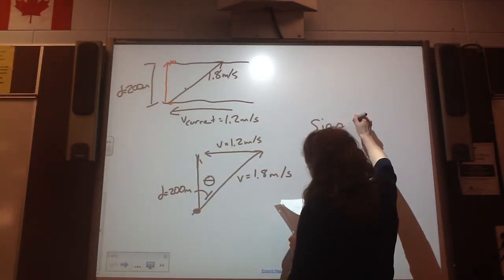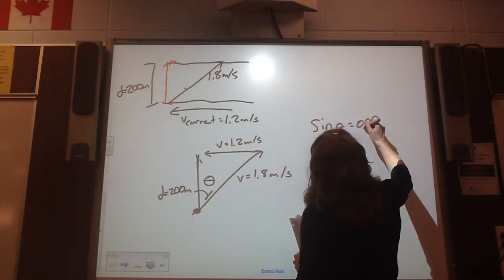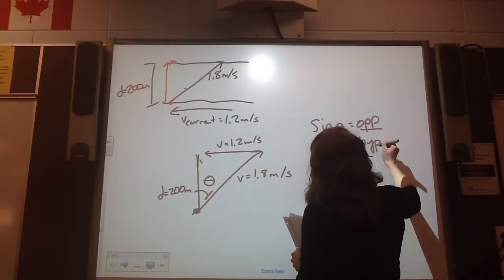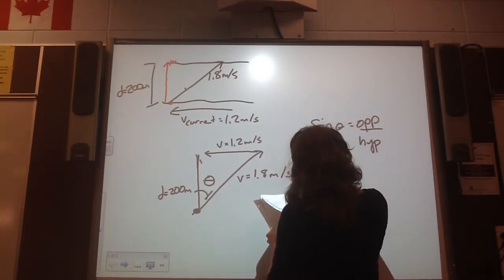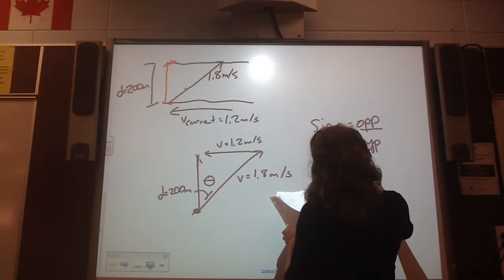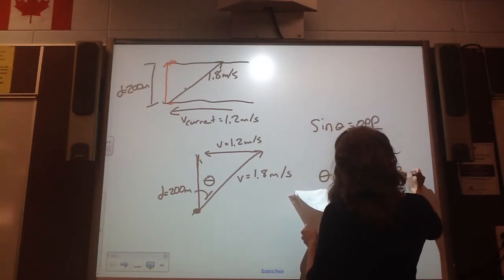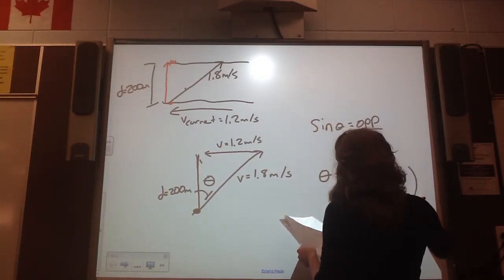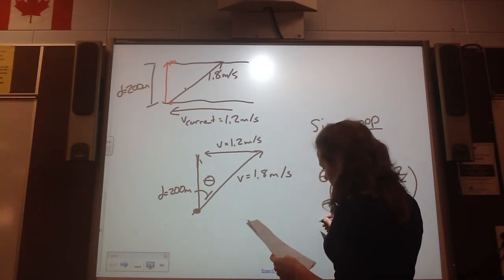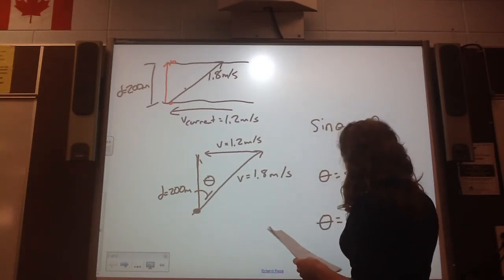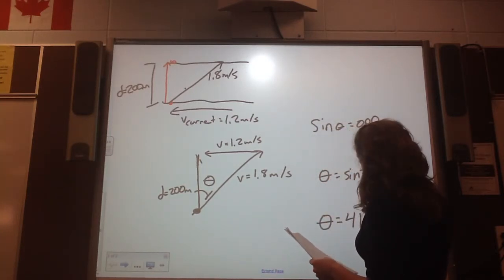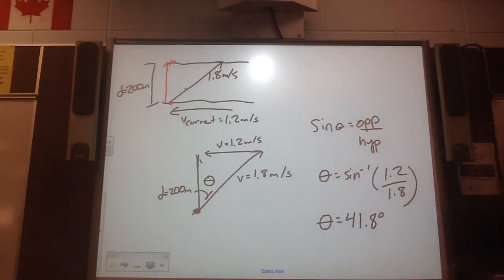So sine theta is equal to opposite over hypotenuse. So theta is equal to inverse sine of 1.2 over 1.8. So theta is 41.8 degrees.